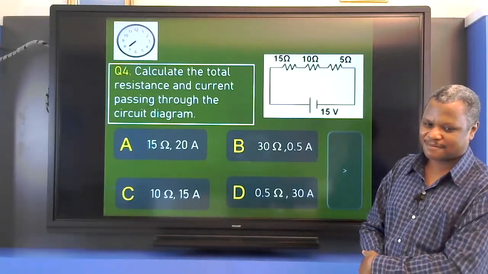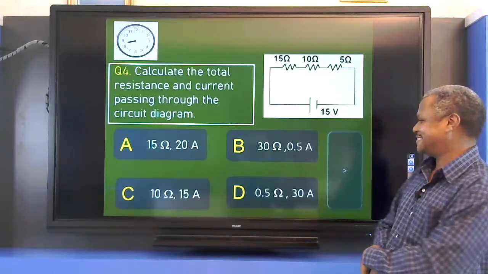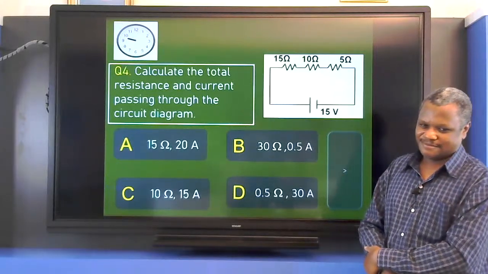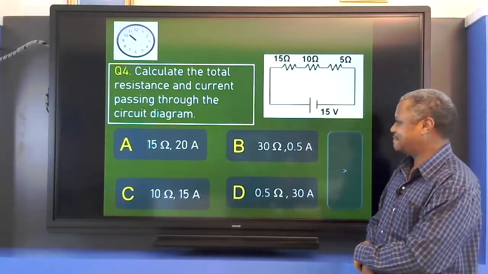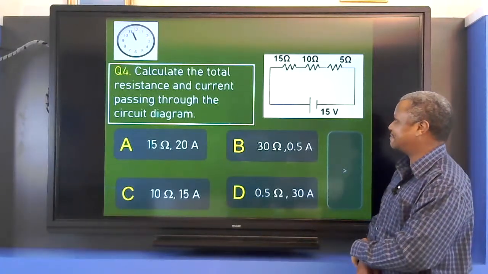Room 1, number 18, C, 10 ohms, 15A. Room 7, number 7 says A, no, B, sorry, 30 ohms, 0.5A.